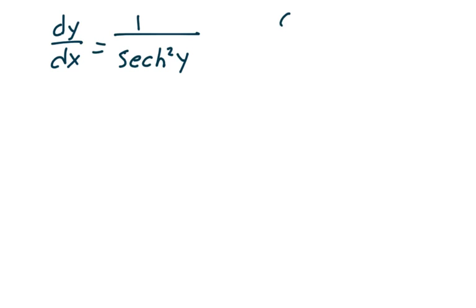Now, let's go through this. I can't remember, so I start here. Hyperbolic cosine squared y minus hyperbolic sine squared y is 1. So I'm going to divide everything by hyperbolic cosine squared y.